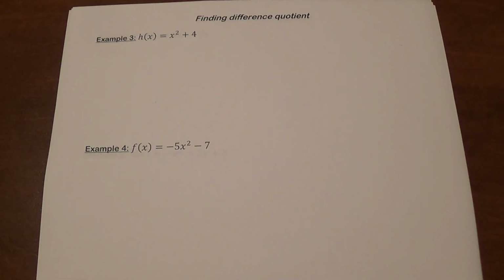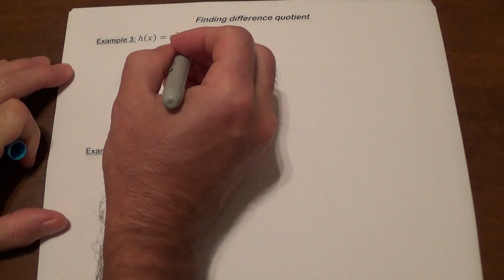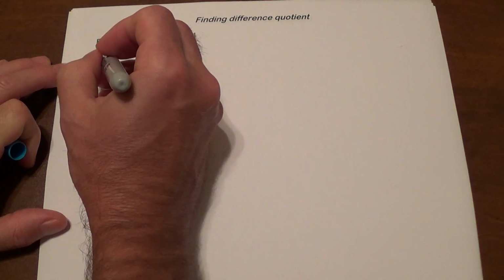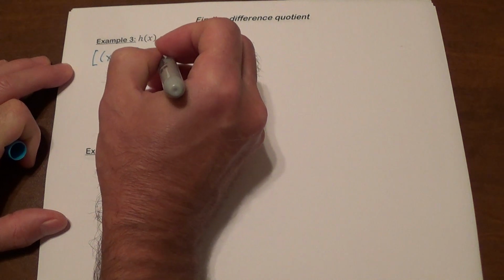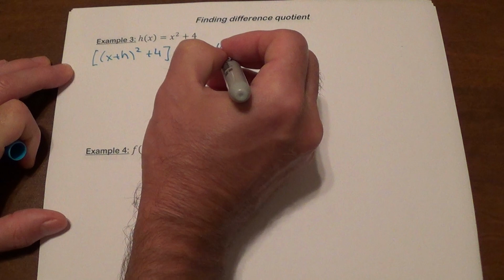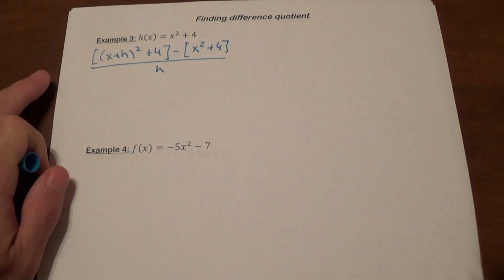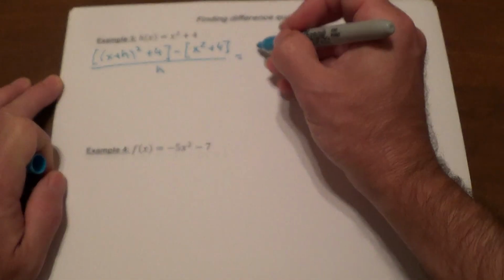Now we had a quadratic function, so let's see how this works here. Nothing really changes, you're still doing the same thing. We are going to have f of x plus h, so it's going to be x plus h squared plus 4 minus x squared plus 4 divided by h. There's obviously more work involved because you have to expand the quadratic expression there, that binomial.